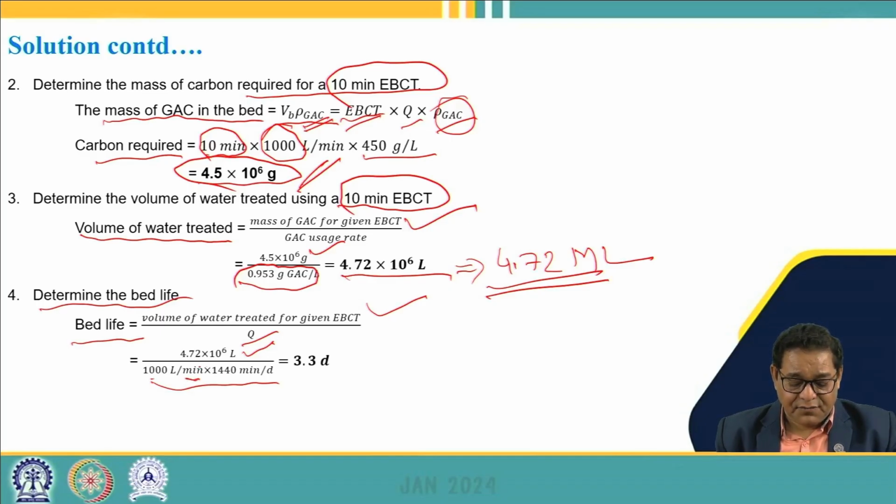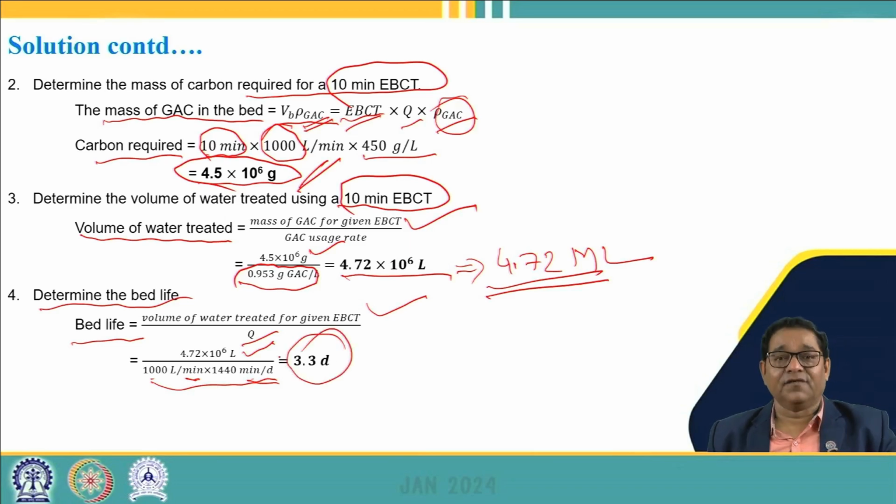If we convert minutes into days, this will be multiplied by 1440. By converting into days, we get the overall bed life for that activated carbon. So this numerical discussed the application of those concepts in determining the adsorbent dose and the bed life.